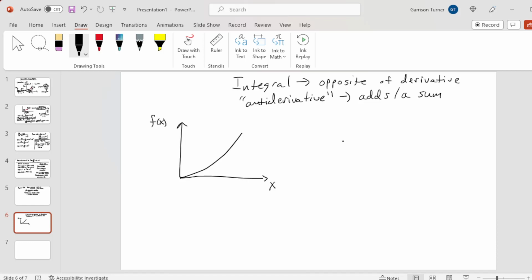So if you are tasked with taking an integral, the very first thing you want to do is ask yourself, is the function that I'm trying to integrate a result of differentiating a function? If so, you can reverse engineer that differentiation and you can then find the integral. And that is the bulk of integrating.